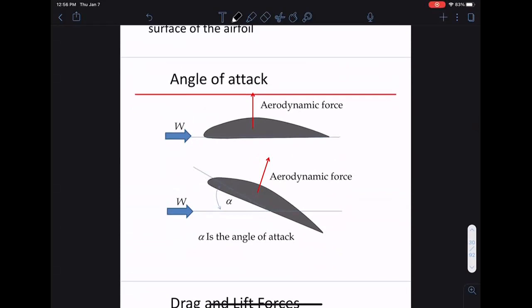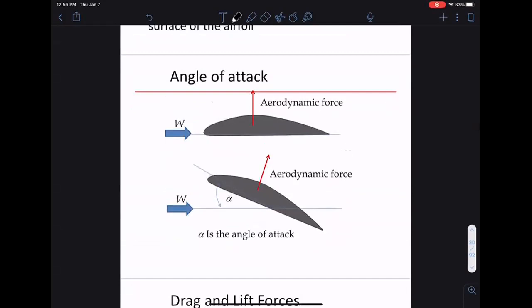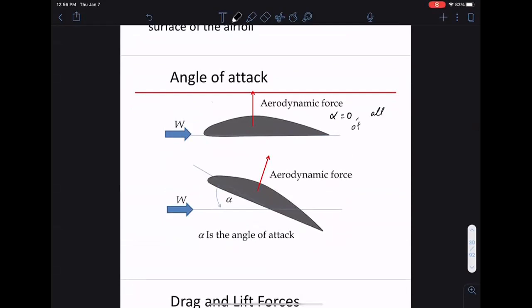When alpha is 0, all of the force generated is lift. If the angle of attack is positive, only some of the force is lift, but the total amount of force is larger.